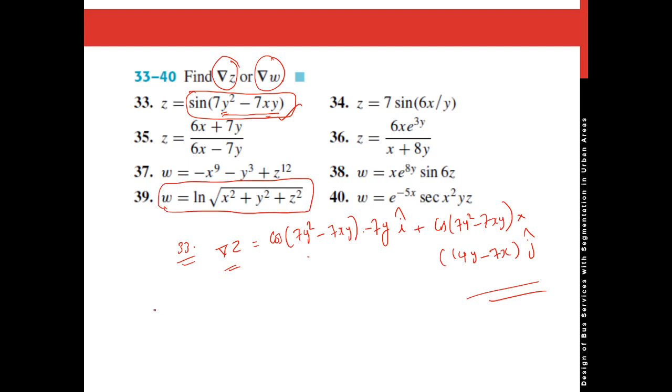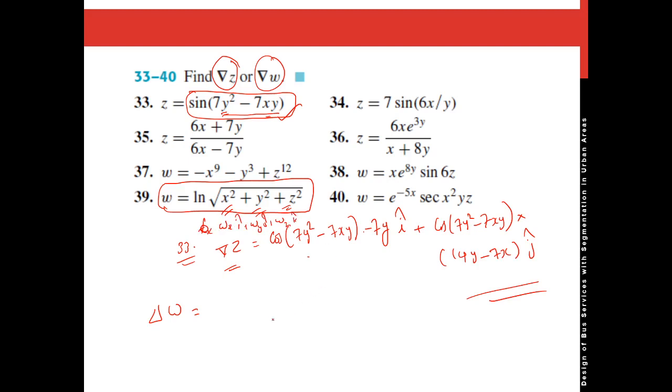What will be del omega of problem 39? This is very easy because it is homogeneous. Here there are three variables x, y and z. So you have to find omega x i plus omega y j plus omega z k. Okay.